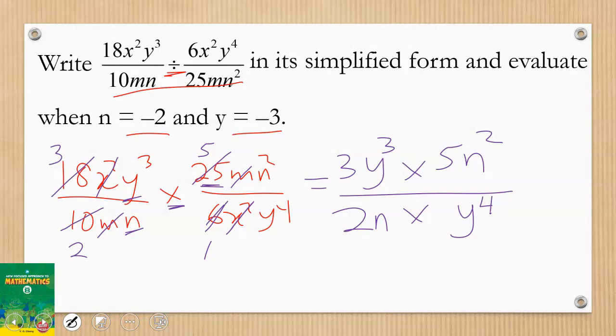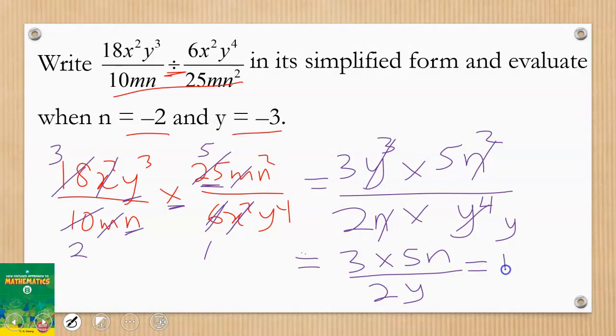We can still simplify further. This will be equal to, now one n can cancel one of the n here, and 3 of the y's here can cancel this, leaving us with y. So we have 3 times 5 at the top with n left, over 2 times y left here as well.